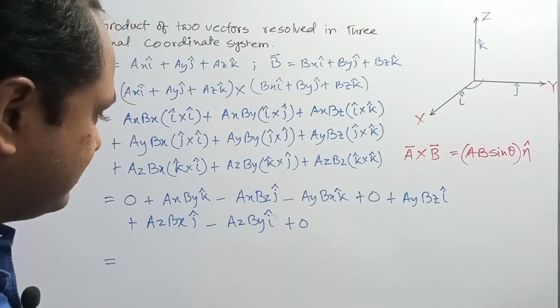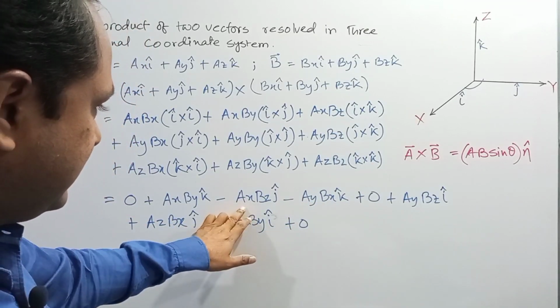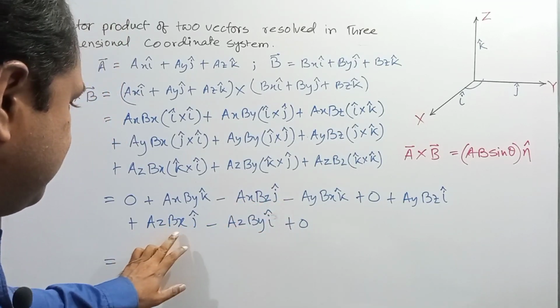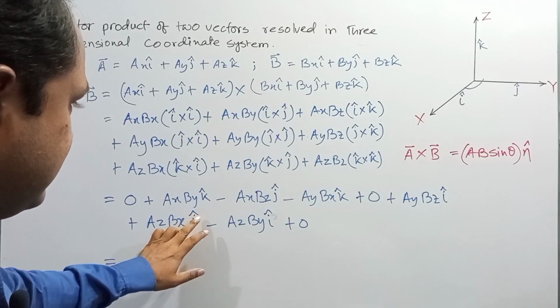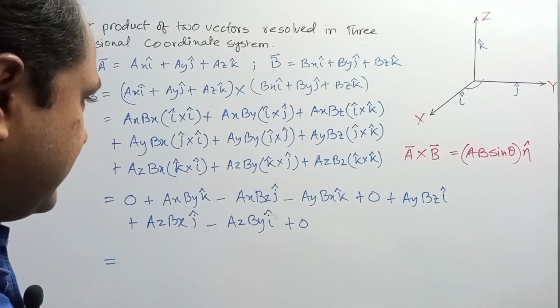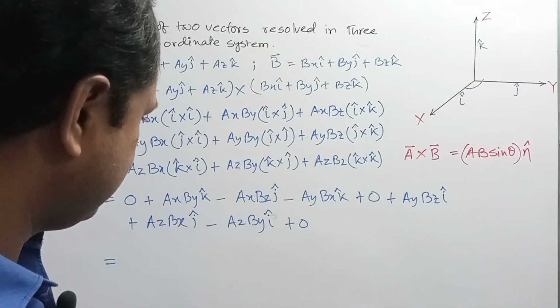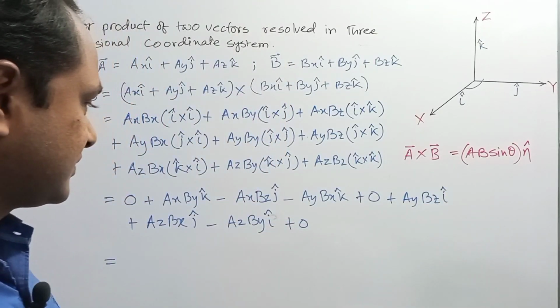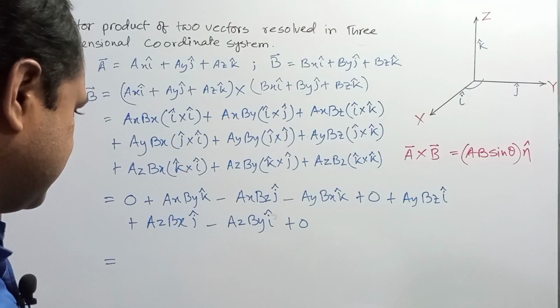Similarly 2 terms are associated with j, that is minus ax bz j and az bx into j, and 2 terms remain associated with i, ay bz i and minus az by into i.